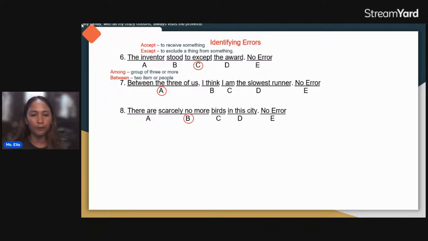Okay, so here, it's letter B. Why is it letter B? We have here scarcely no more birds, right?